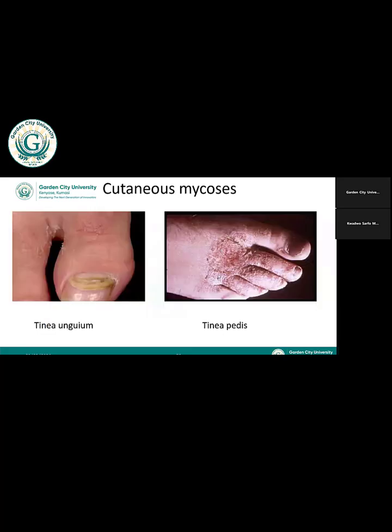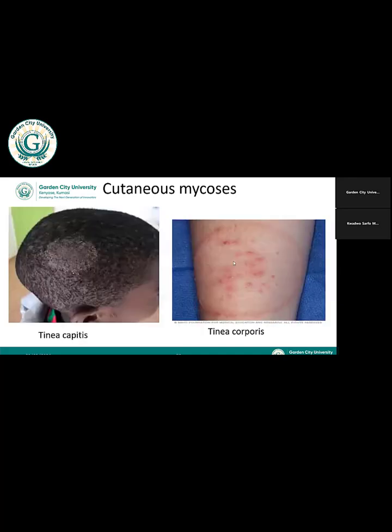They have tinea pedis, which affects the feet. So you can have scaly skin as a result of these fungal infections. Then you have on the scalp, tinea capitis.